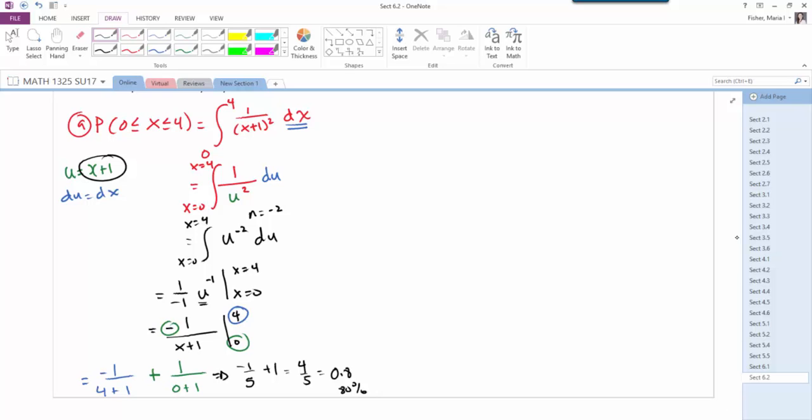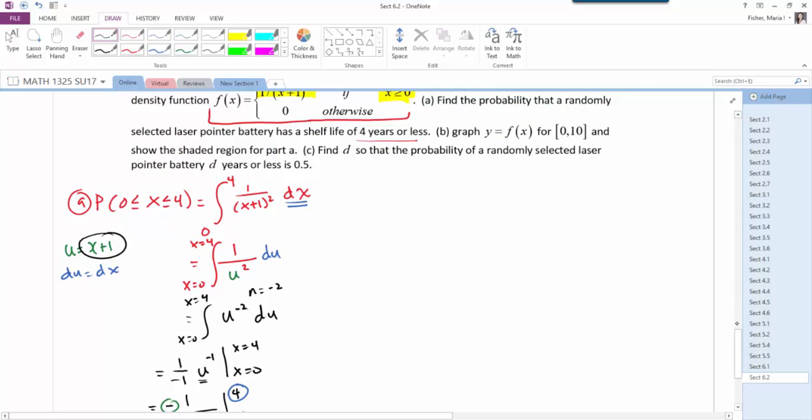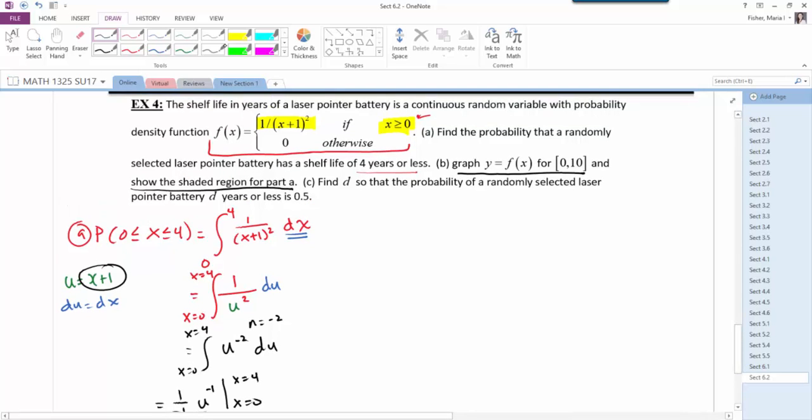So what does part B ask us to do? Well, part B is saying, now graph y equal f of x from 0 to 10 and show the shaded region from part A. So it wants us to graph that 1 over x plus 1 squared. Well, f of x equals 1 over x plus 1 squared, I know is a rational function.